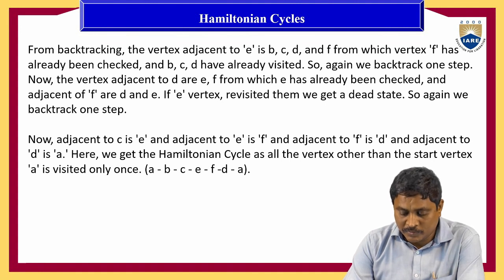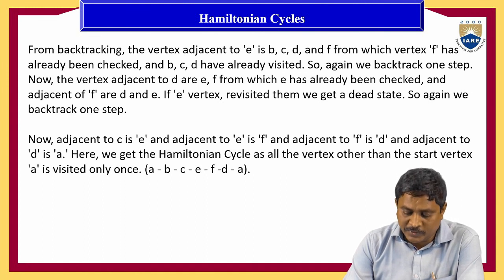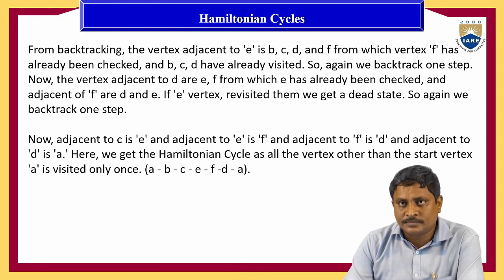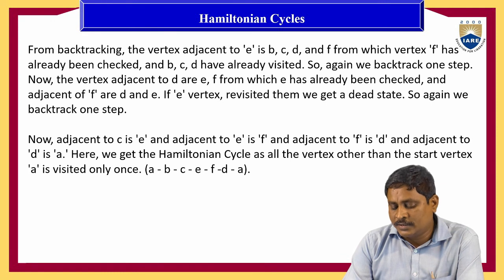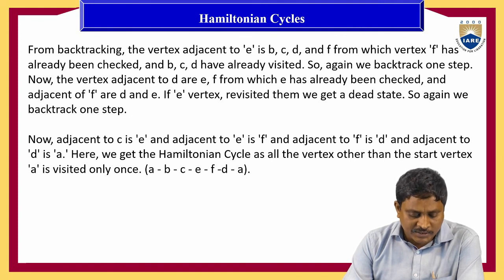So again we backtrack one step. Now the vertices adjacent to D are E, F, from which E has already been checked, and adjacent to F are D and E. If E is revisited, then we get a dead state. So again we backtrack one step.